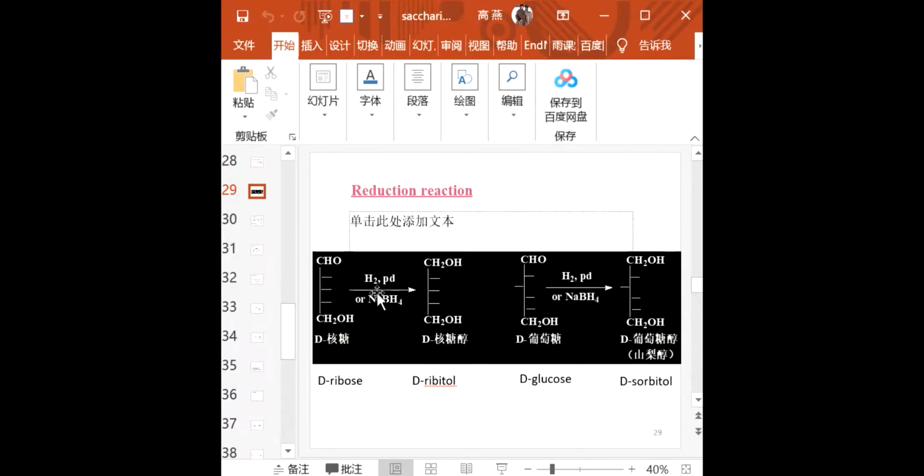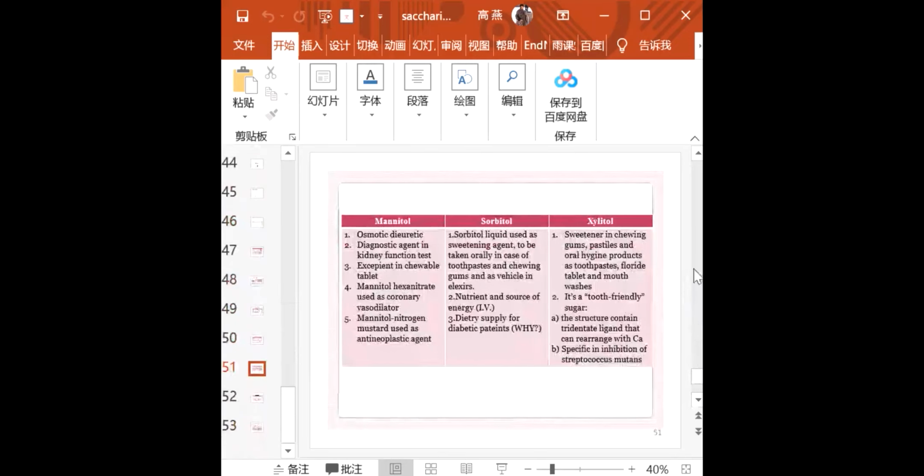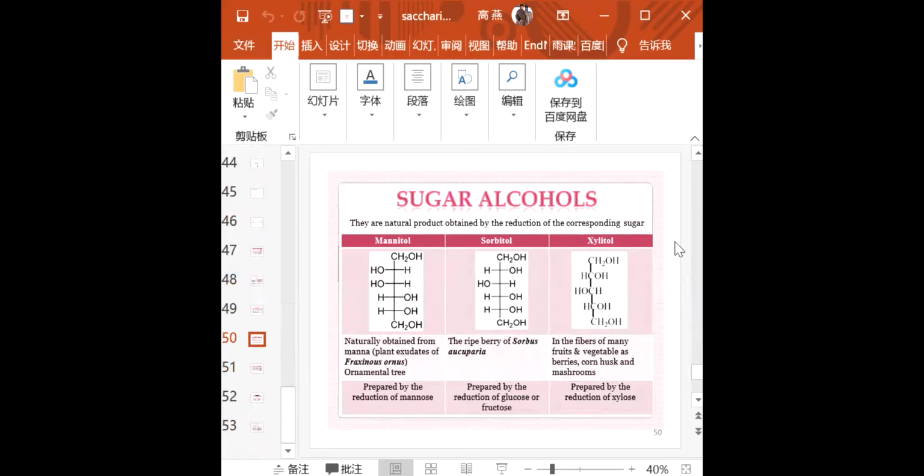The rest of the groups kept what they are. Only the aldehyde is reduced to a methanol group, okay? So this is how we get sugar alcohol from their corresponding sugar.